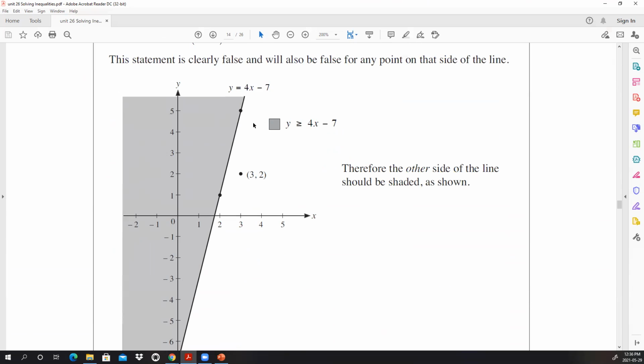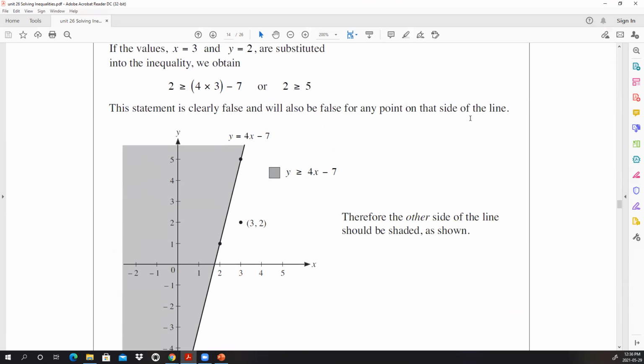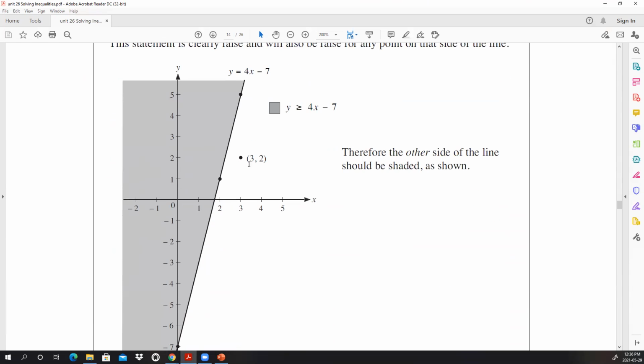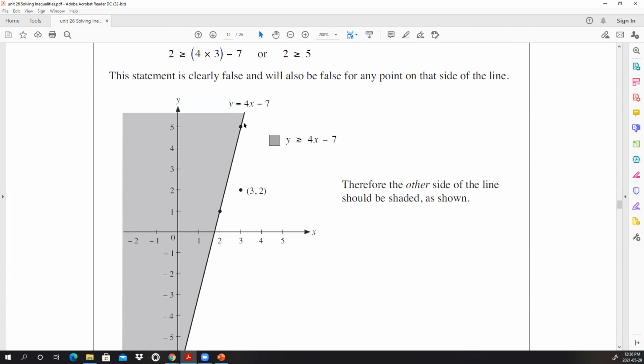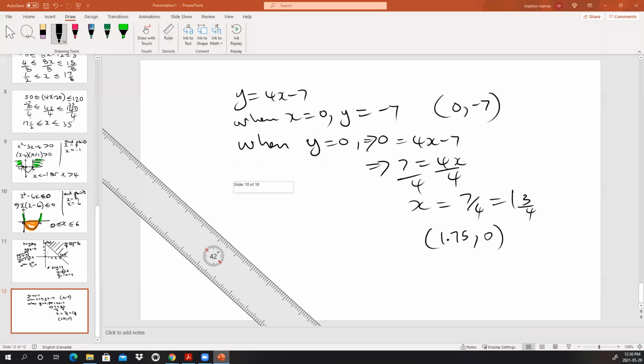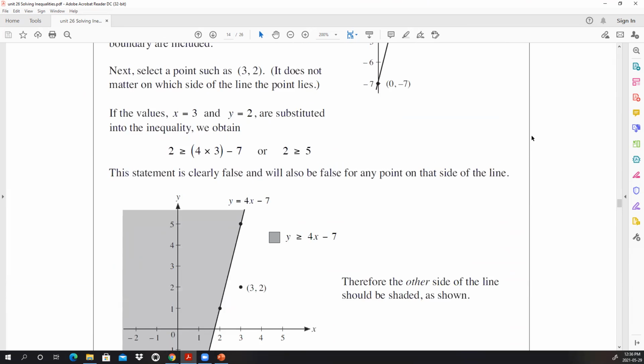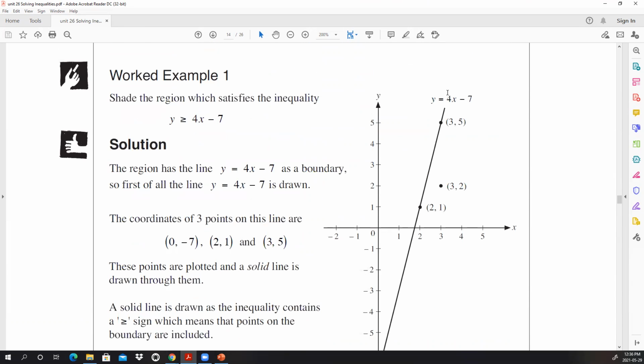What can we do to determine that? As I said before, you choose some points and you see what satisfies the inequality. Let me go to the top. You choose a side. Say you have this side and you have this side.